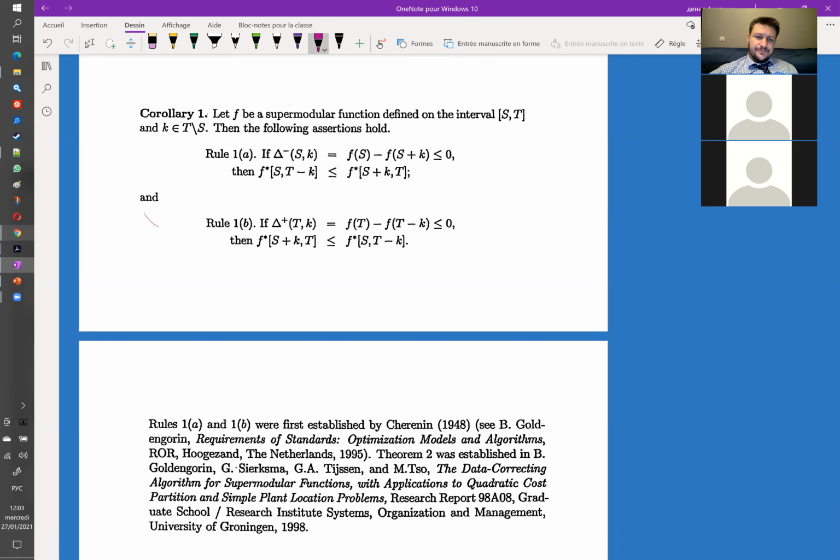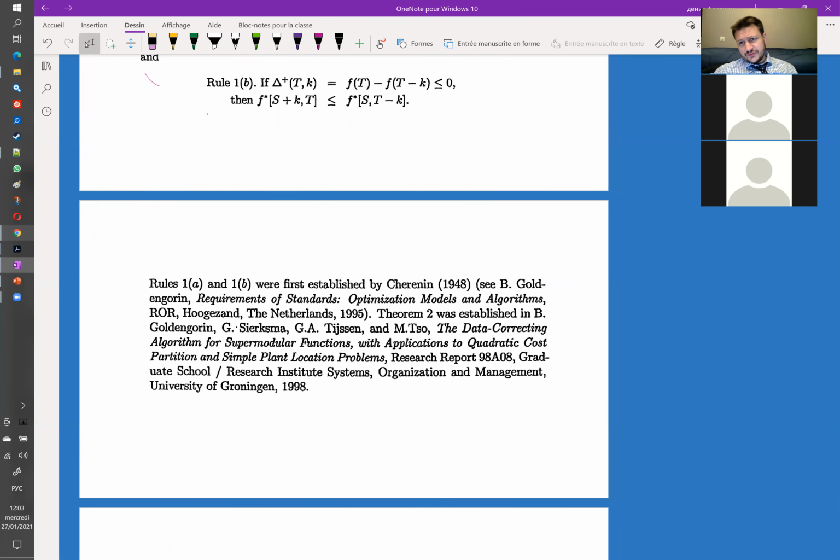Okay. What about these rules? It was found by Chiroman a long time ago, and it was published in the Goring, Netherlands, and in several other articles.